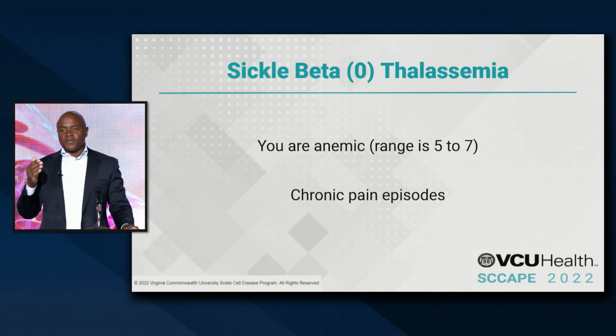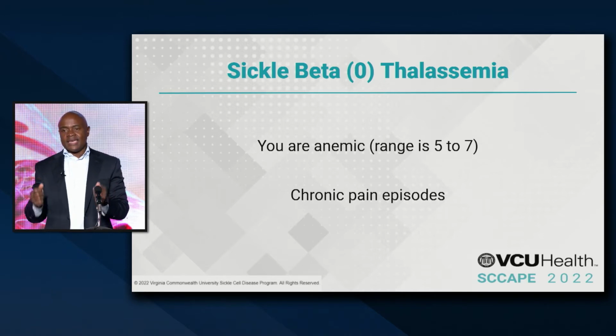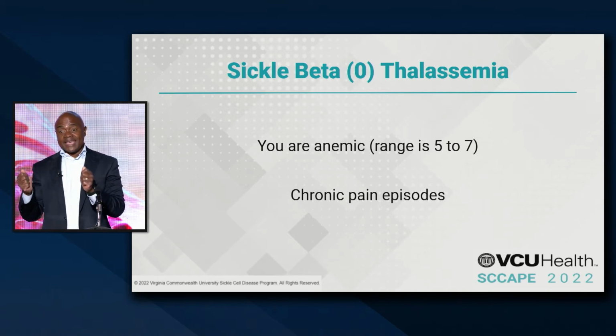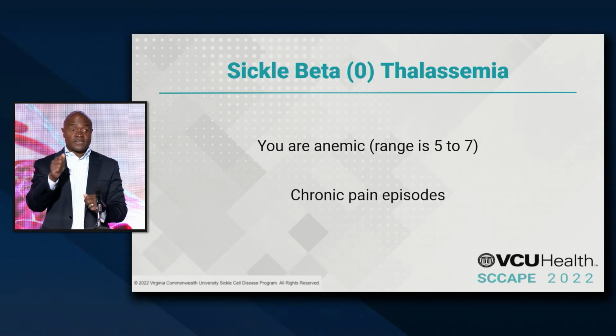And so when we see these individuals in our clinic, what we tend to see is that individuals with hemoglobin SS disease, the classic form, and individuals with sickle beta 0 thalassemia tend to be the ones who have more sickle cell disease complications.